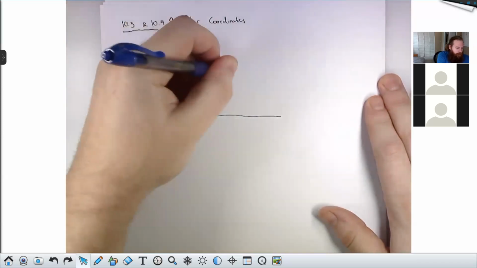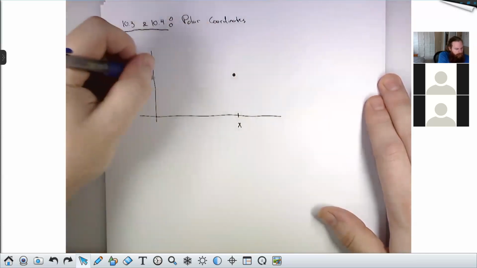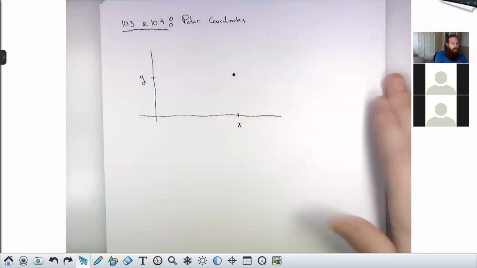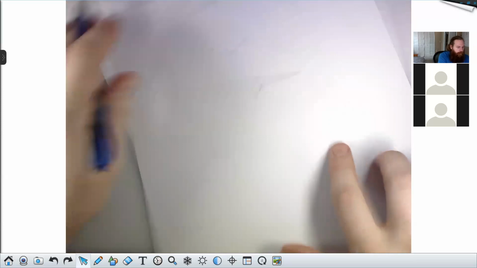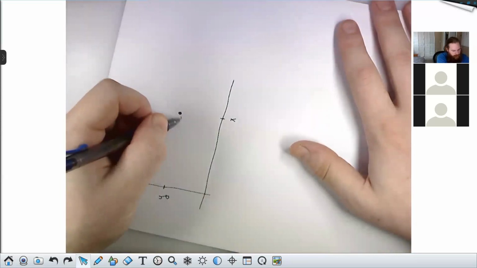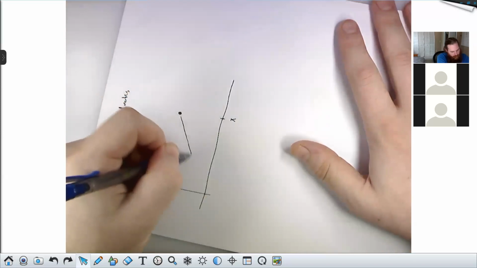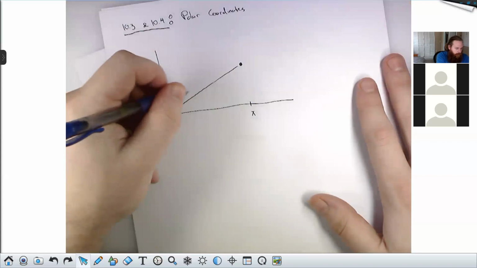So if you hand me a point over here whose normal rectangular coordinates are x comma y, there is another very natural way to describe that point. And that's in terms of its distance from the origin, which we'll call r, and the angle you have to rotate, which we'll call theta.